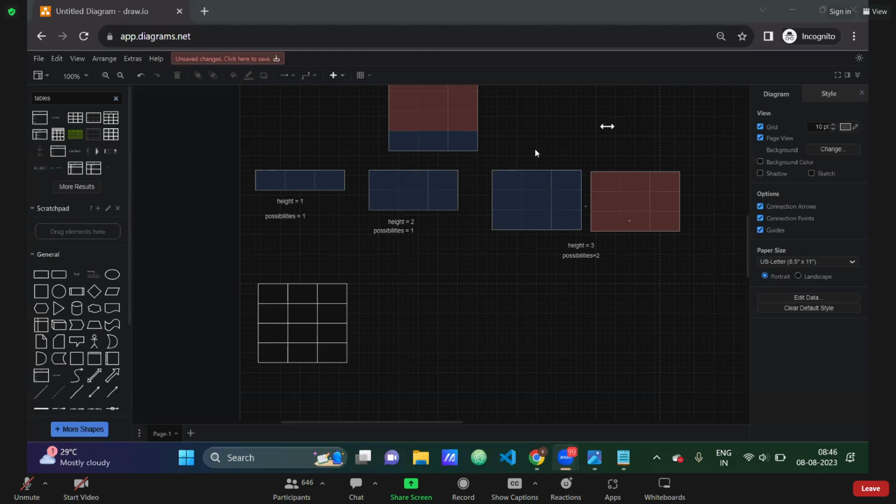All horizontal is one. First horizontal and three vertical. First three vertical and one horizontal. Right. Three possibilities. So you can place all horizontal first.